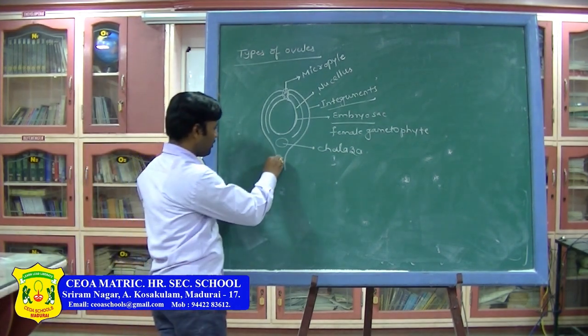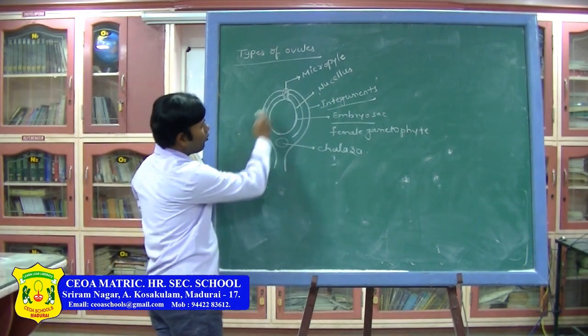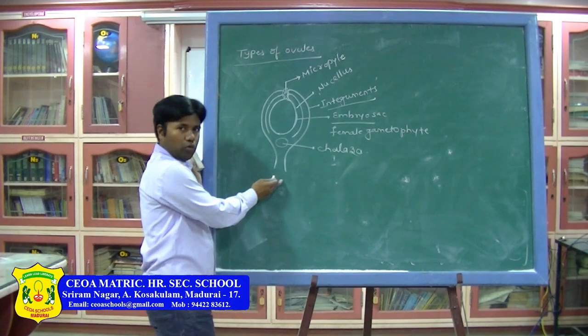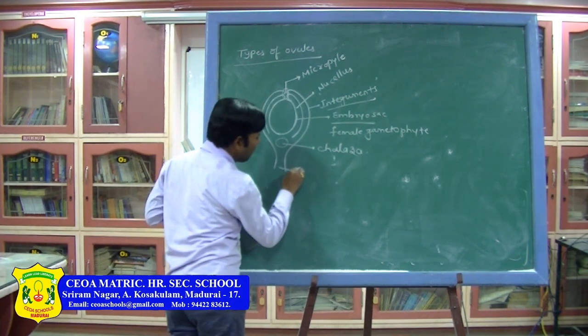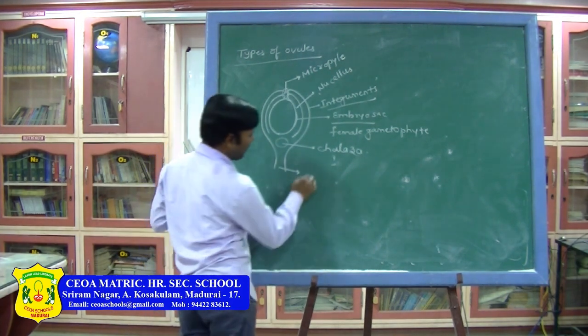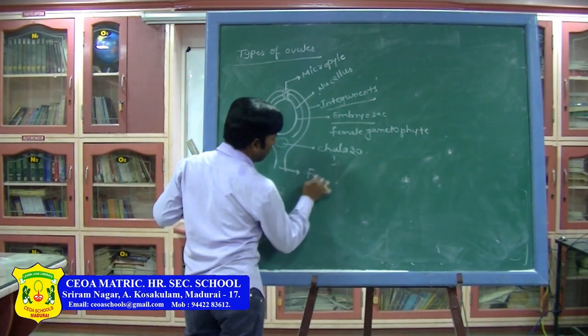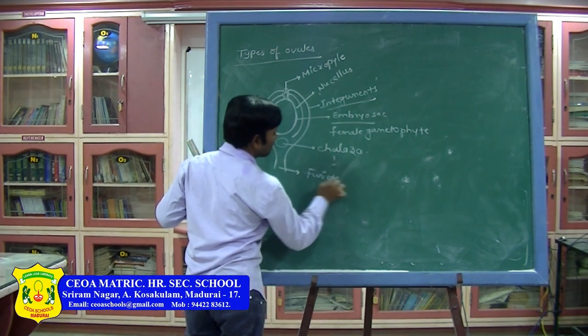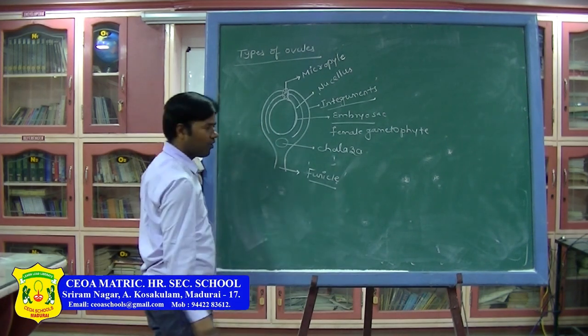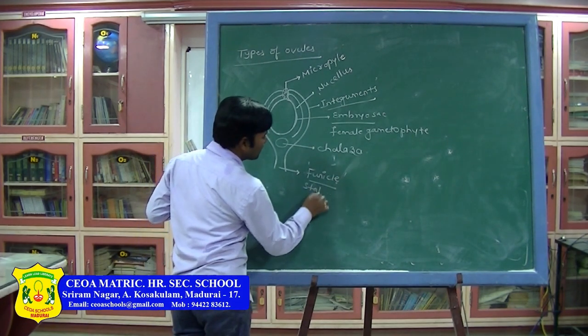Next, the ovule attaches to the ovary by its stalk part, which is called the funicle or funiculus. Both are the same, funicle or funiculus. So funiculus means stalk of ovule.